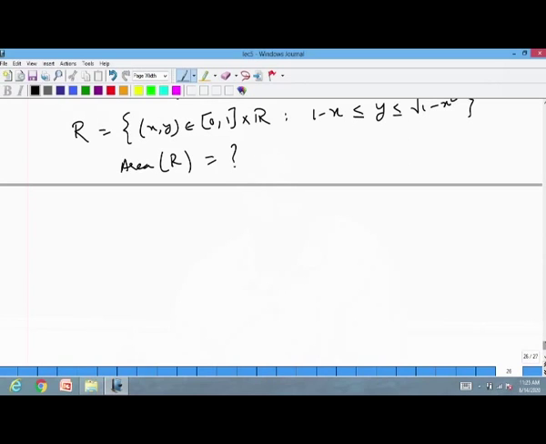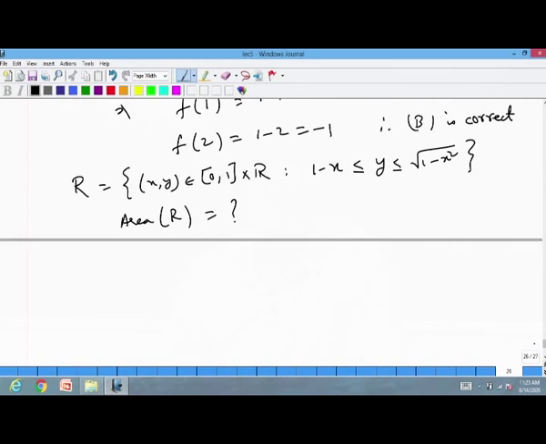So, if we look at this region, y equal to 1 minus x is this straight line which passes through the points 1 comma 0 and 0 comma 1, and y equal to square root of 1 minus x square for x between 0 and 1 is this circular arc.